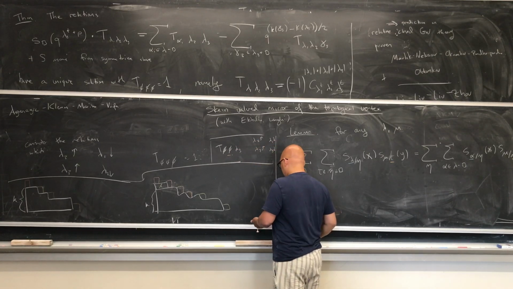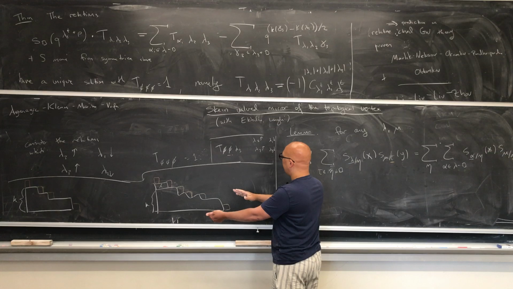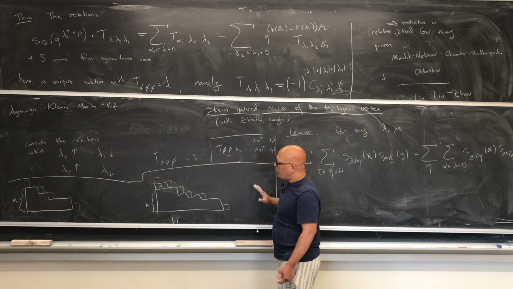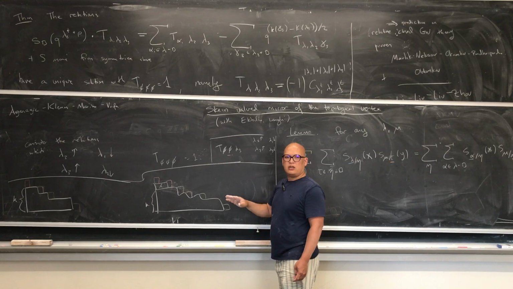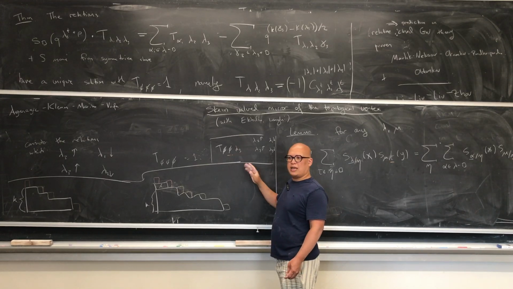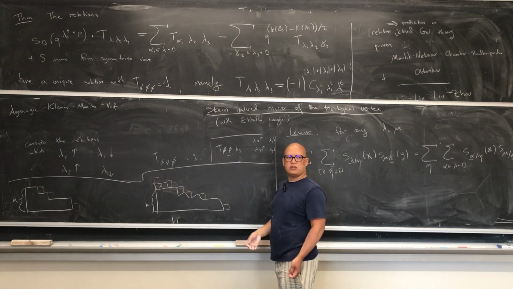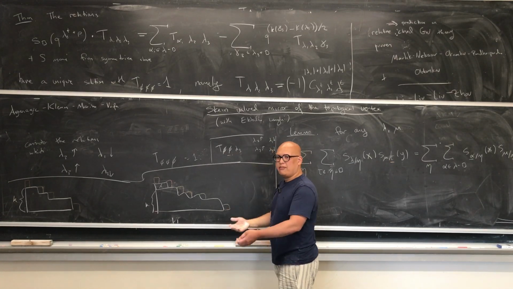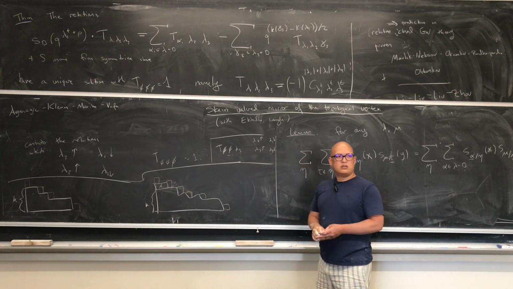The argument's the same. Lowering lambda 3 might do something now, but I know everything with every lambda 3 and nothing else. So lowering lambda 3 is okay because I've inductively determined this. And so that determines t empty lambda 2 lambda 3, and I play the same game for lambda 1.